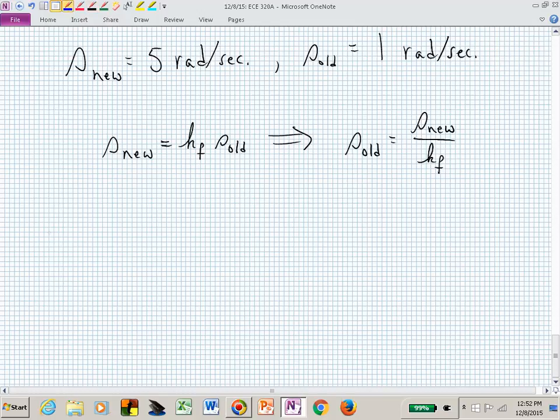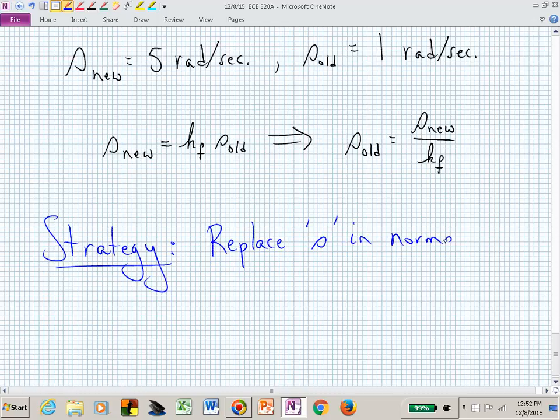Our strategy then is in the old transfer function, which typically is a normalized filter, we replace s with s over k sub f, where the s in the numerator of s over k sub f is our new s, and the original s is our old s. So now we've scaled that frequency.